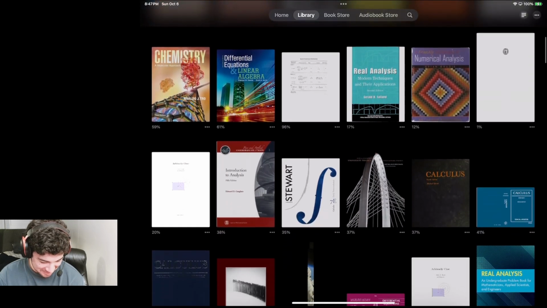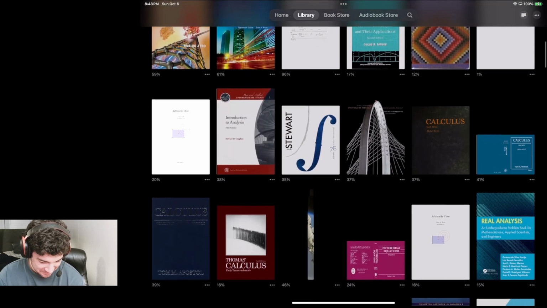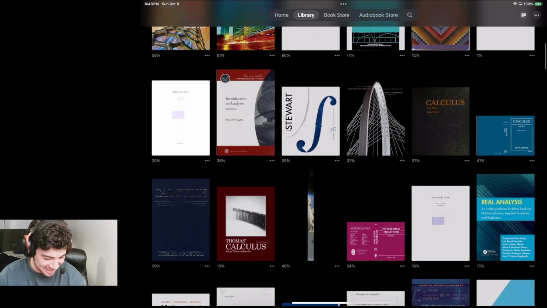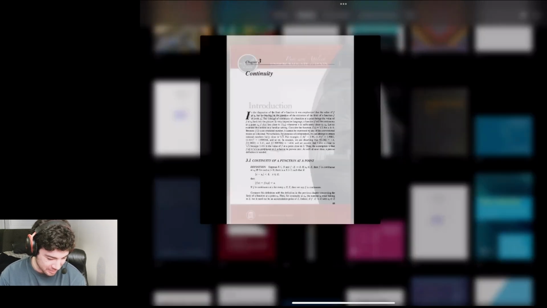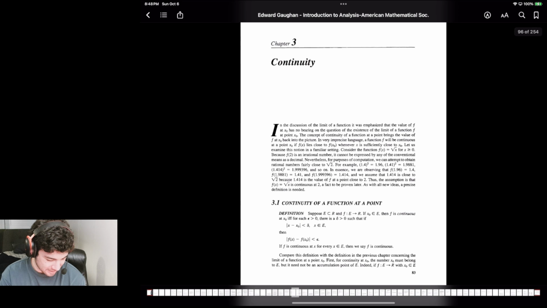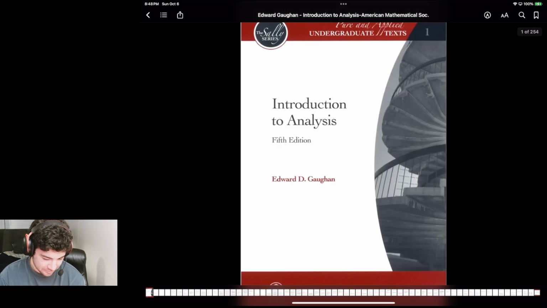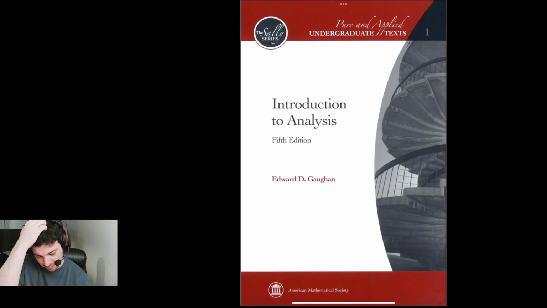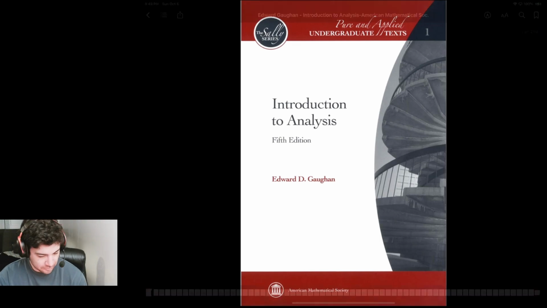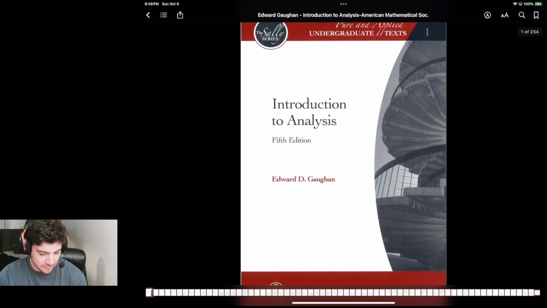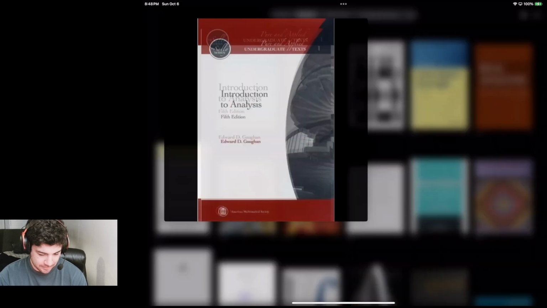There's just so many good books. Unfortunately, when I took analysis I couldn't use Rudin. I had to use Goguen. I don't know if I pronounced that name right. Which I think is also pretty good.